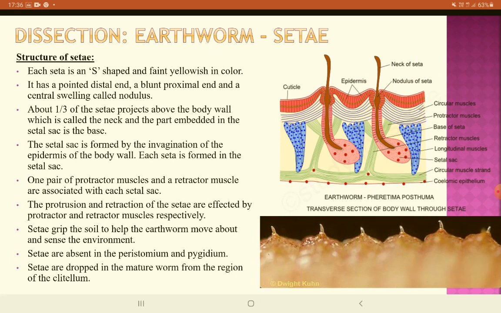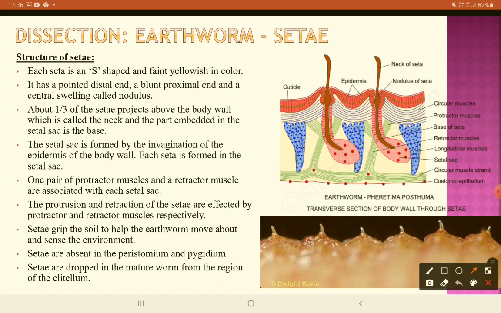The setal sac is formed by the invagination of the epidermis of the body wall, and each seta is formed in this setal sac. This is the setal sac, formed by the invagination, that is, inward projection, of the body wall. One pair of protractor and retractor muscles are associated with each setal sac.